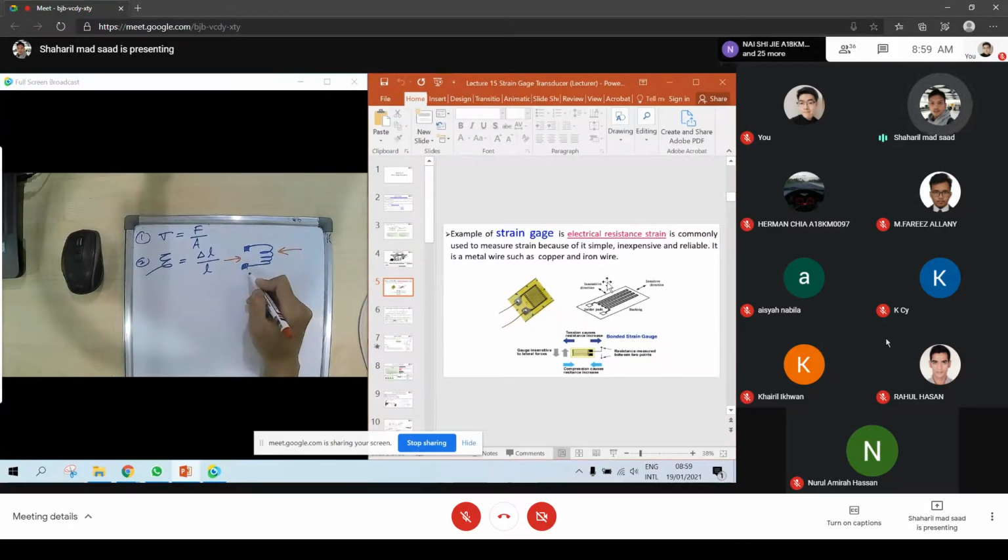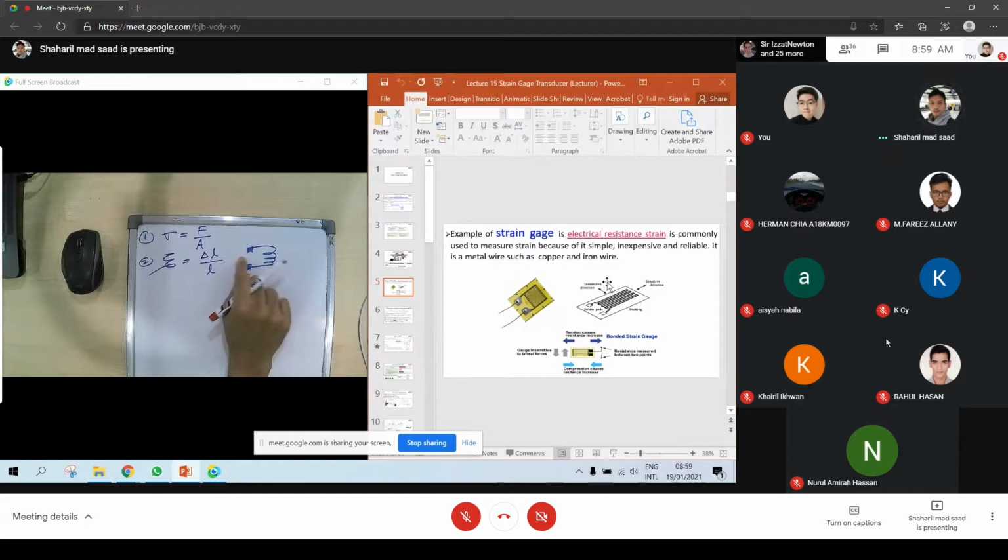For the initial value, this electrical strain gauge gives you the output in terms of resistance. When you don't apply any stress, it has its own resistance R, for example 120 ohm.